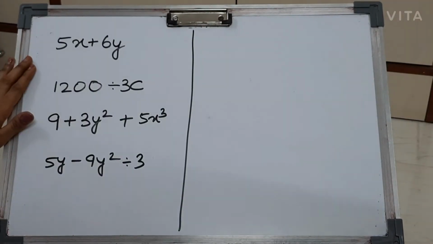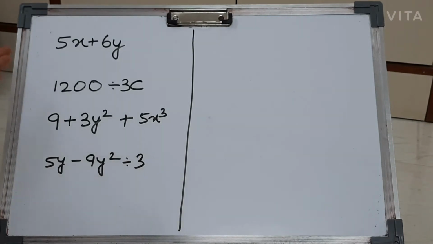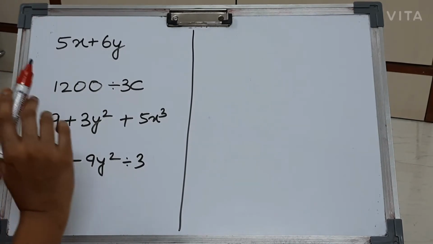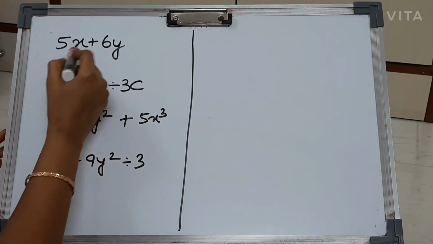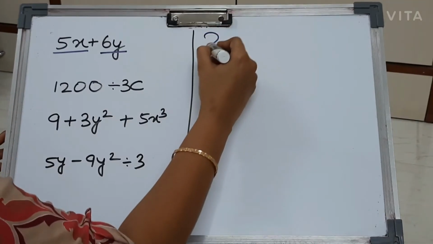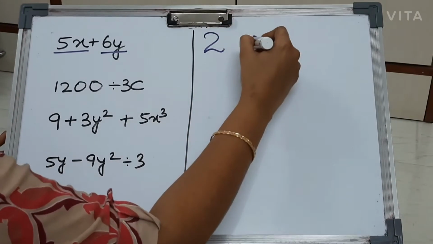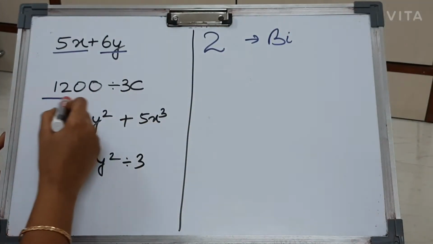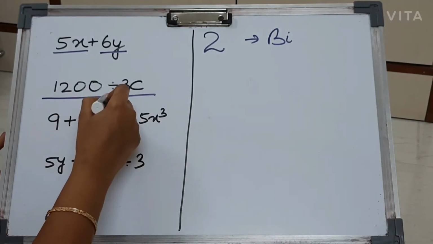We will count the number of terms and see which type of algebraic expression it comes to. With the definition, only plus and minus separate the terms. So here a plus sign is there. This is the first term, this is the second term. So two terms here and the type is binomial. Now here there is no plus or minus sign, only division, which we will not take into account.